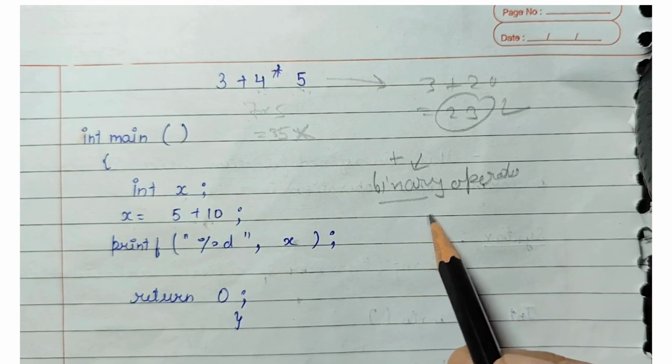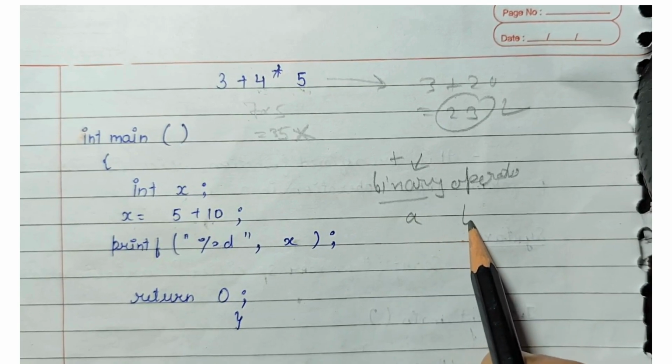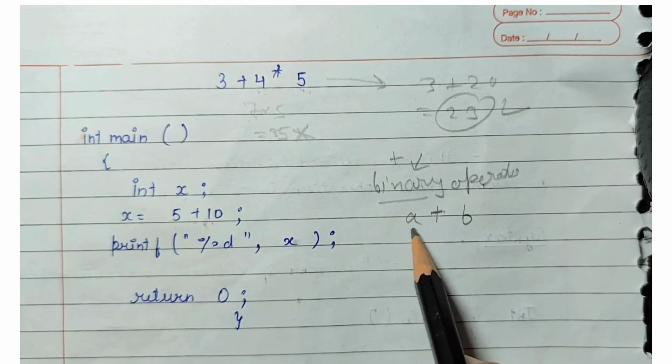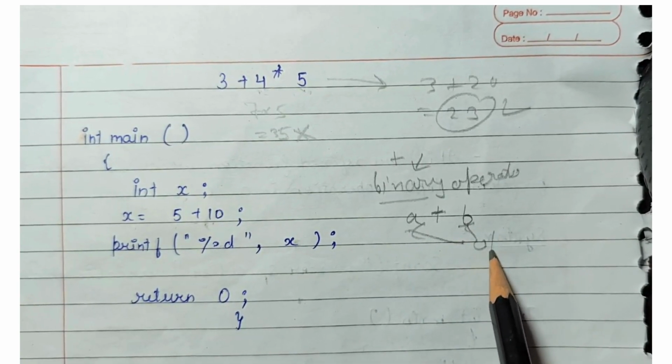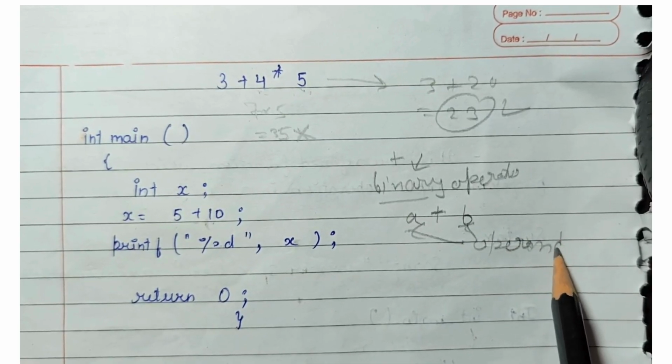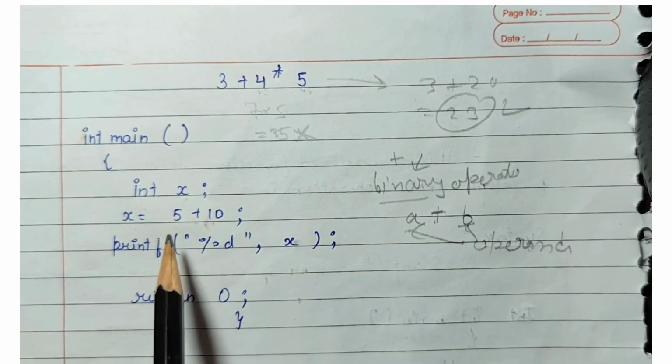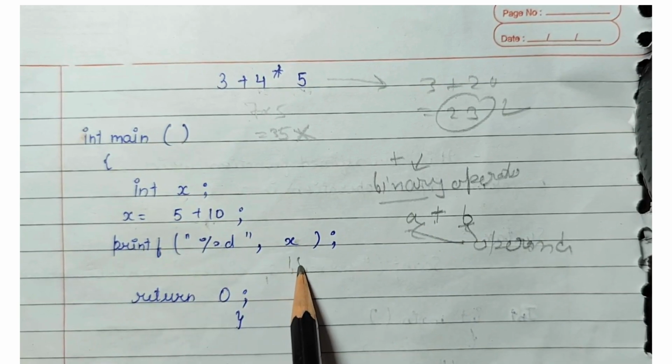We require two values, a and b, for performing addition. A and b are called operands, and plus is called the operator. So 5 plus 10 becomes 15, and 15 will display in the output.